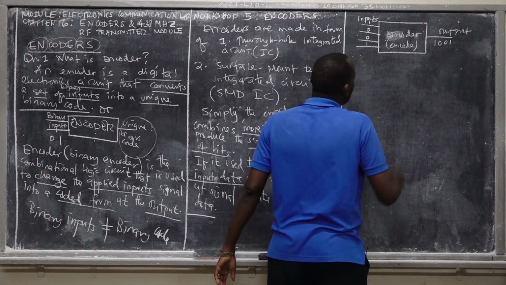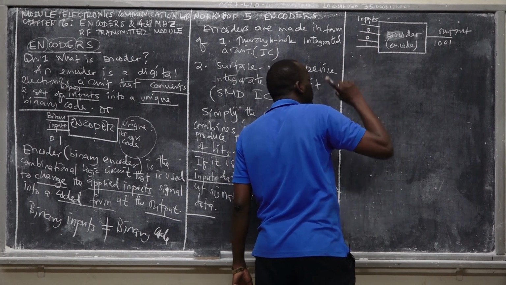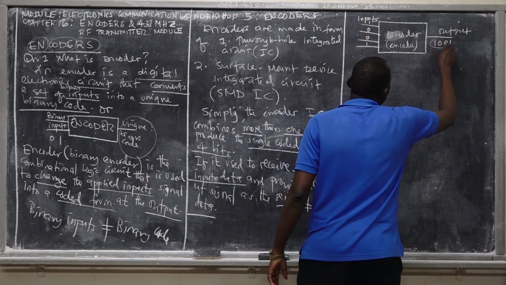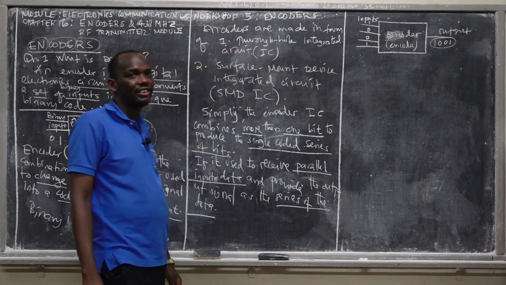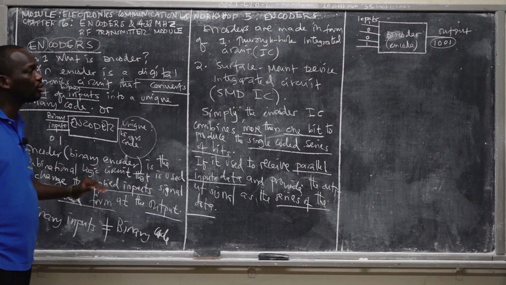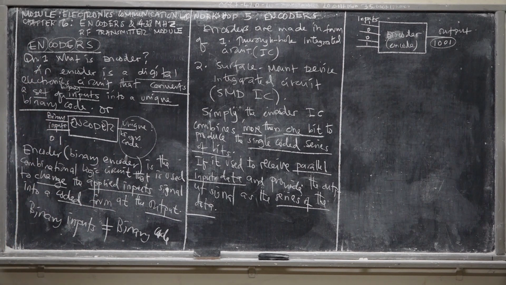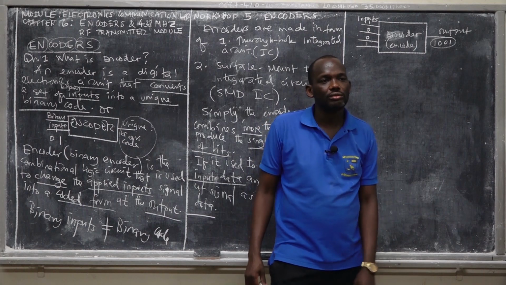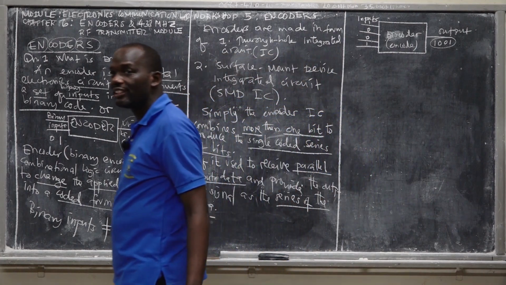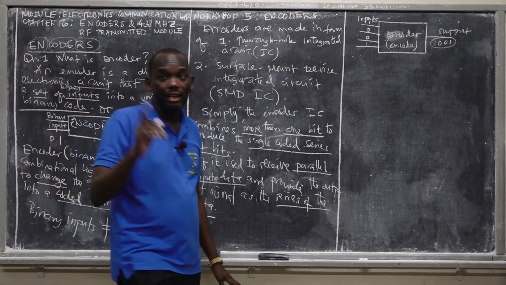But remember that these are binary inputs, so these are the normal bits, but these are encoded bits. When you say encoded bits, you can find that we have bits, but also they have an address. That's what we call them, and they have the particular code provided by that particular encoder. So you see that it's 1001, but it's encoded. This one is encoded information. Are we together? Are we together?